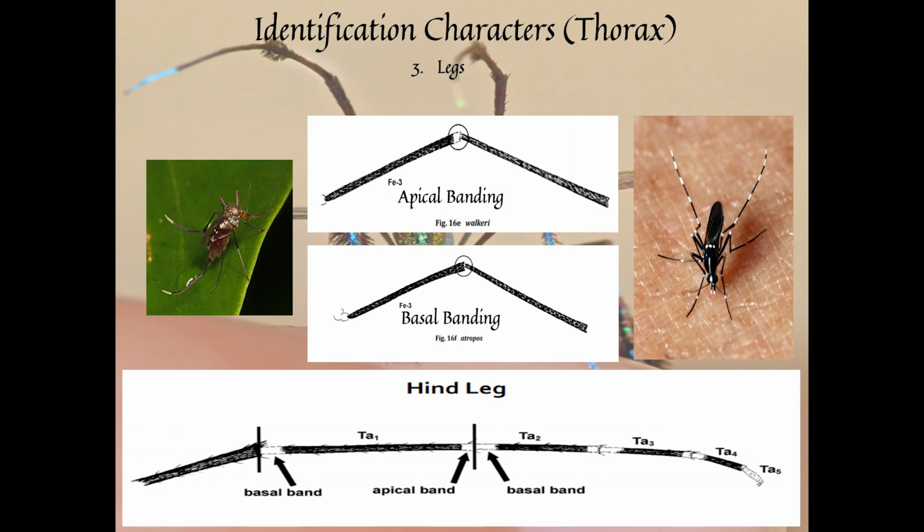Apical banding is banding before the joint. So if you look at the top section there where it says apical banding, you'll see the wider white band on the black leg just before the segmentation of the joint. All right, and basal banding means immediately following the joint.